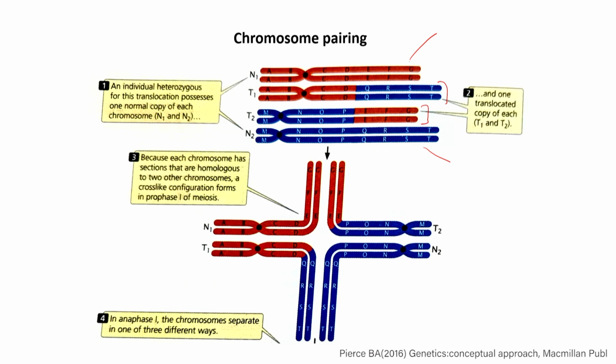Because this chromosome has a homologue here, during pairing they will pair. Because this has homology with this, it will pair with this. This has the red portion, so this will pair with this. The blue portion will pair with this. So, this is a complex situation. In this complex situation, you can see pairing. This is the red, normal one.